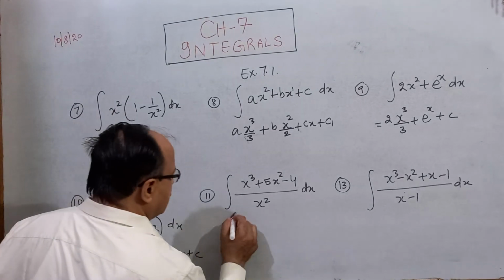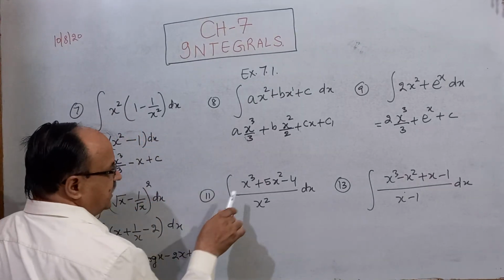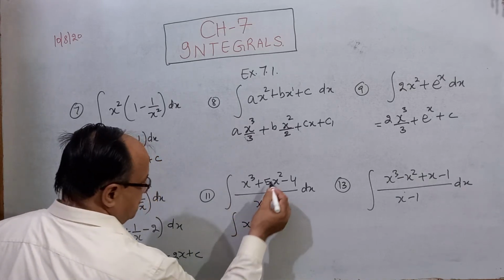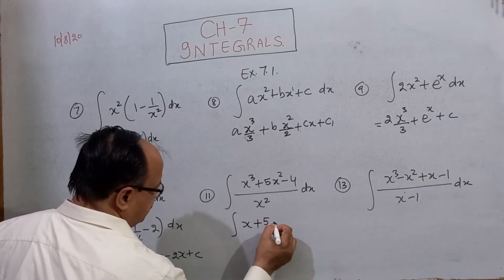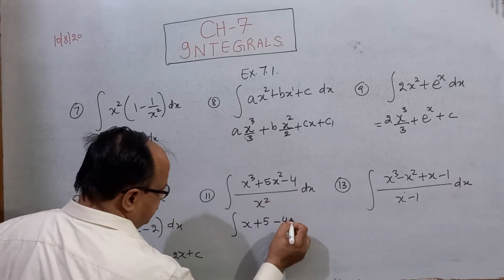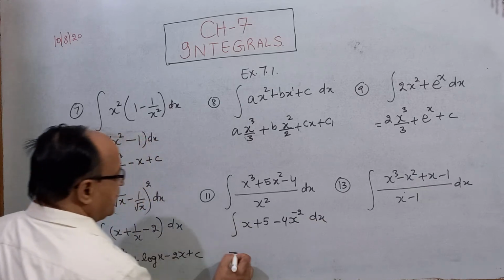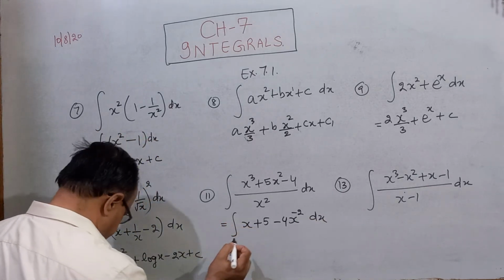Now write the terms separately. This divided by this x, this divided by this 5, this divided by this 4x to the power minus 2, dx. Now integrate.